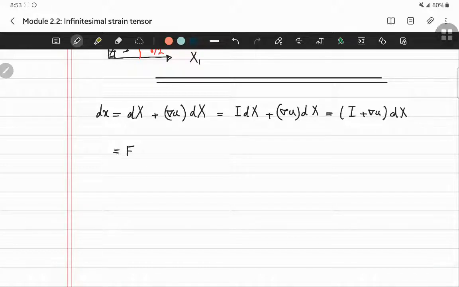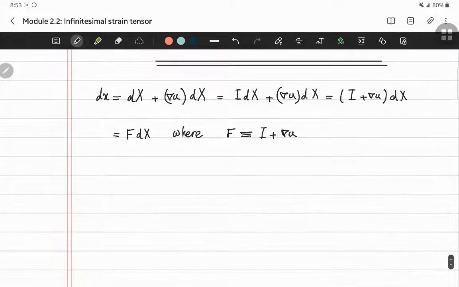Let's call this F dX, where F is equivalent to I plus del u.